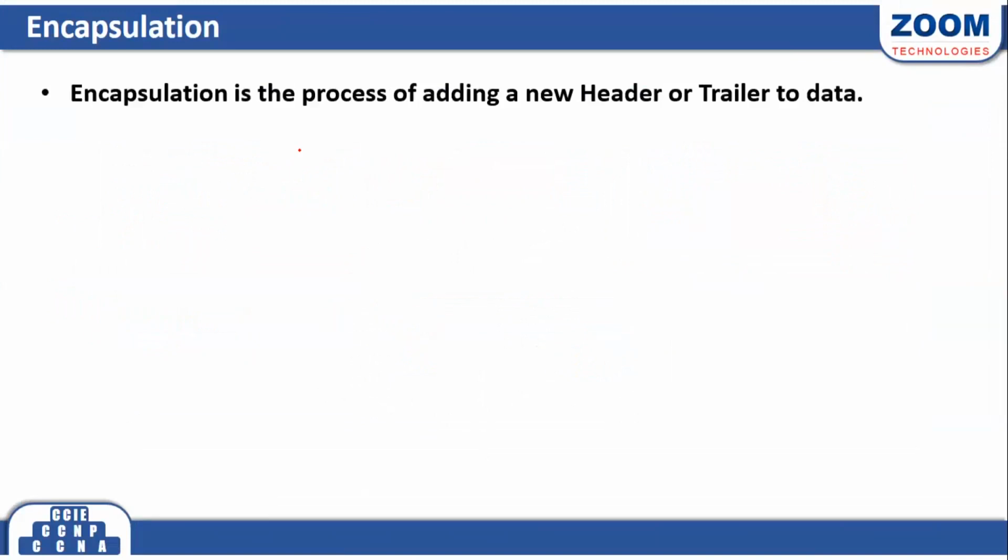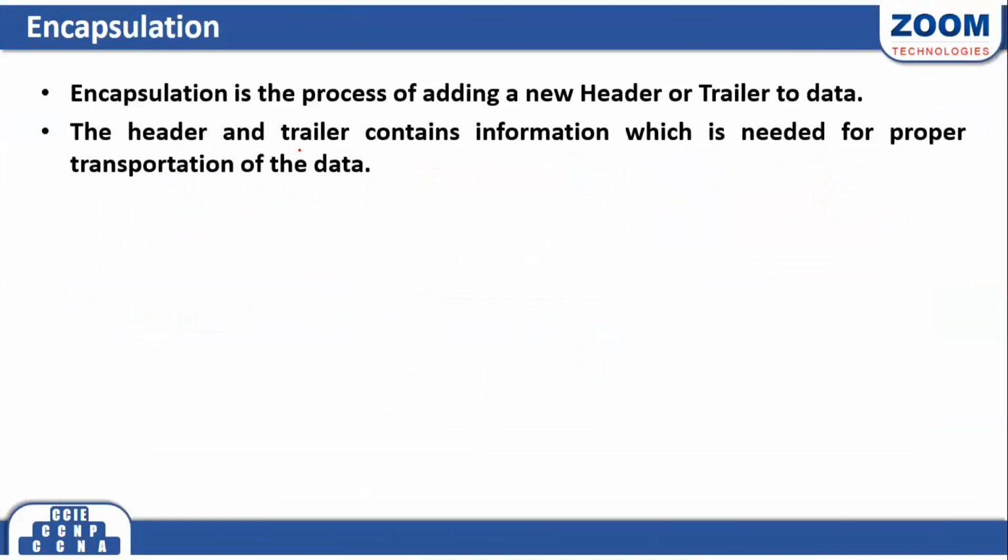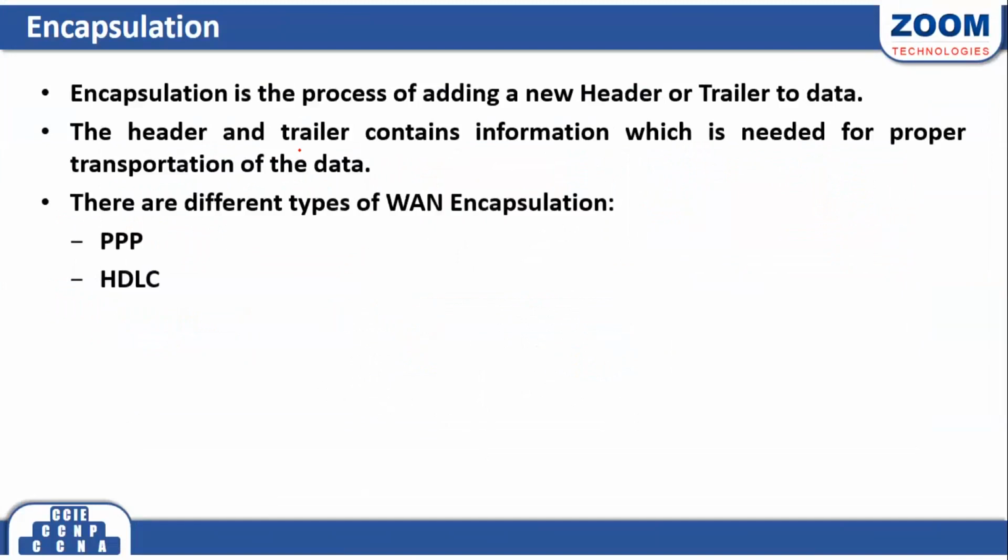Encapsulation is the process of adding a new header or trailer to the data. Headers and trailers contain information needed for proper transportation of the data over different types of WAN encapsulation, PPP and HDLC. Got it? Yes, sir.